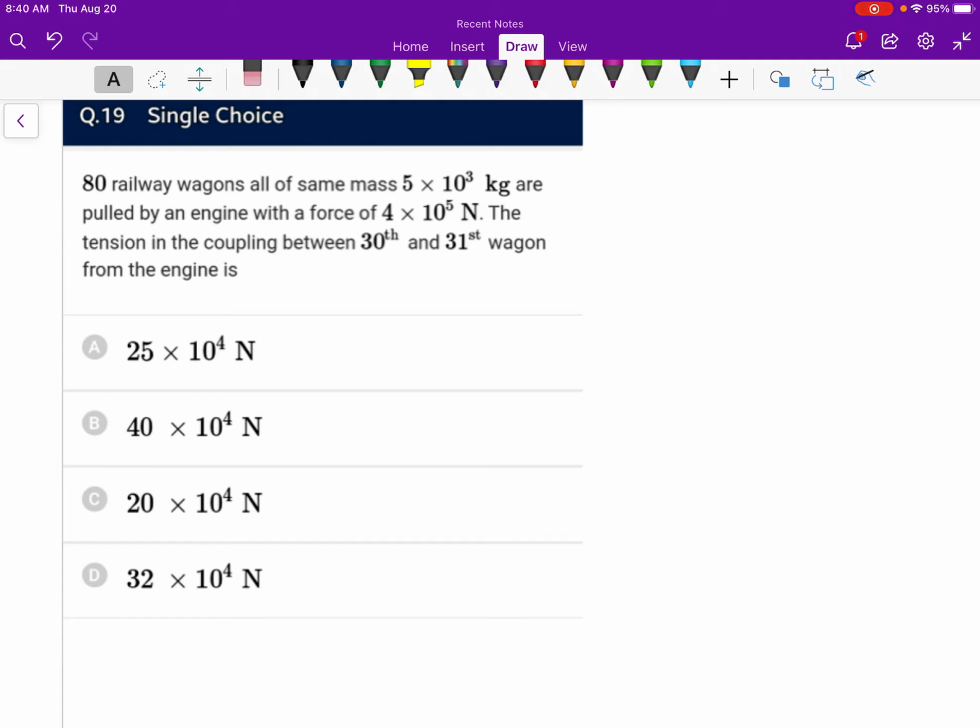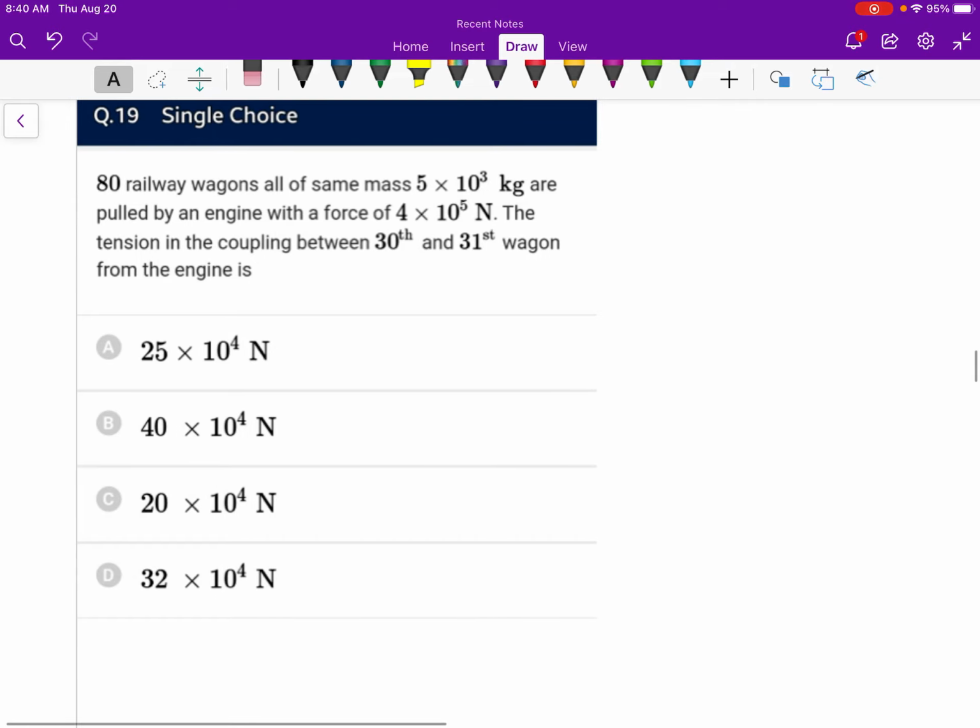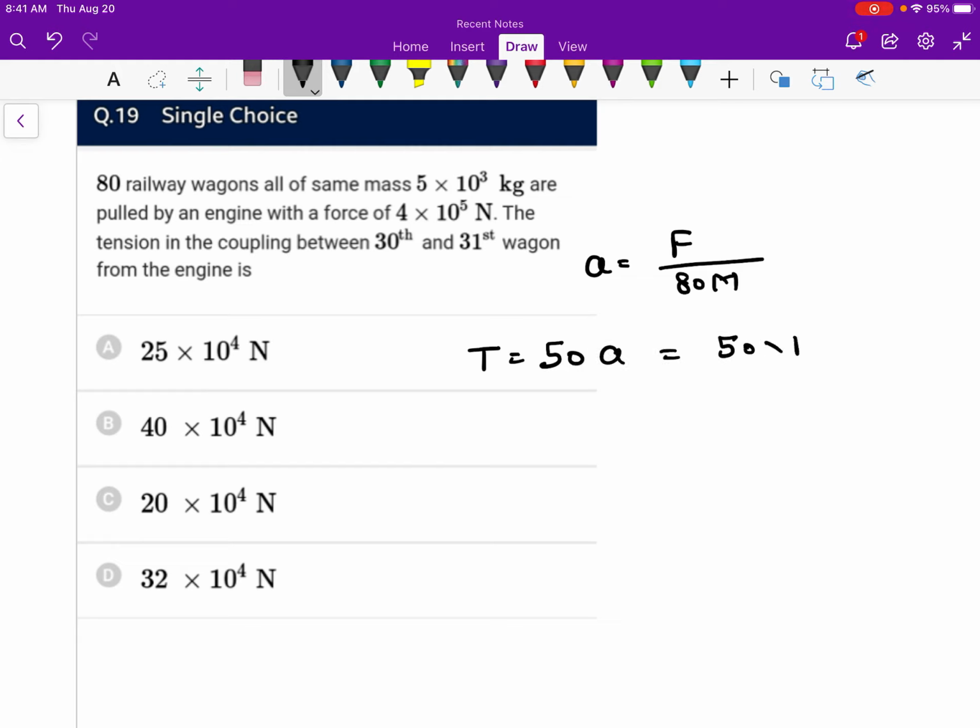80 railway wagons are pulled by an engine with a force of this. The tension in the coupling between 30 and 31st wagon. So acceleration of the wagon system is F upon 80M. Now tension between 30th and 31st wagon will be pulling the 50 wagons behind, okay, with the rear 50 wagons. So tension is 50 times a, so that is 50 times F upon 80M, right?